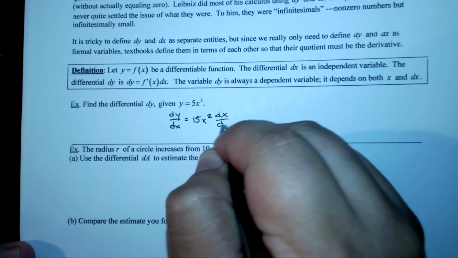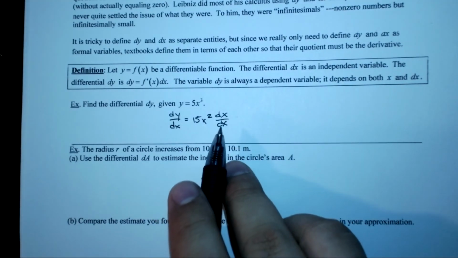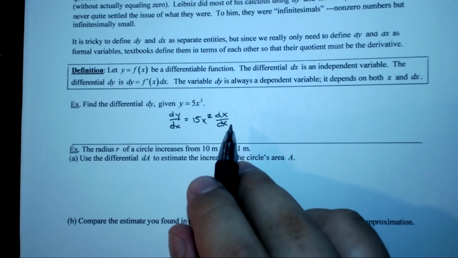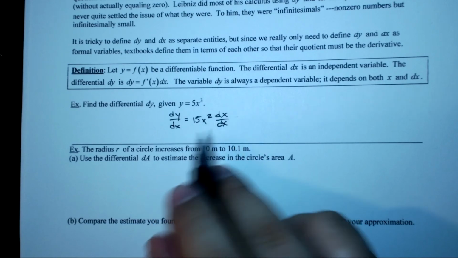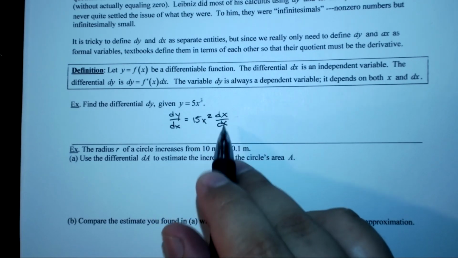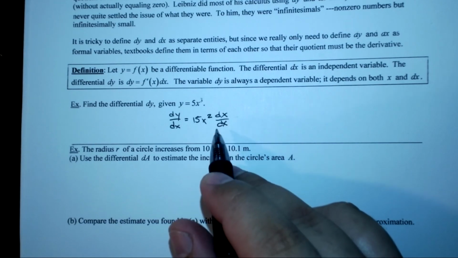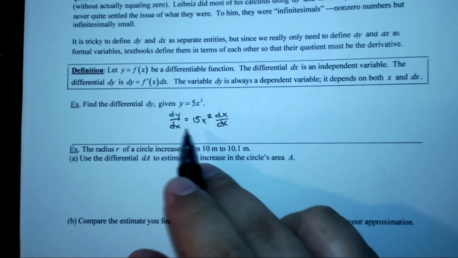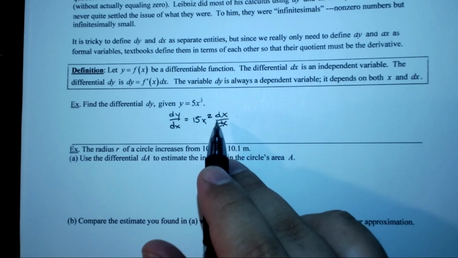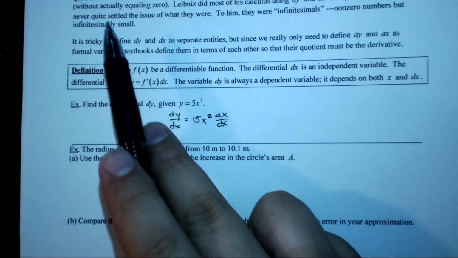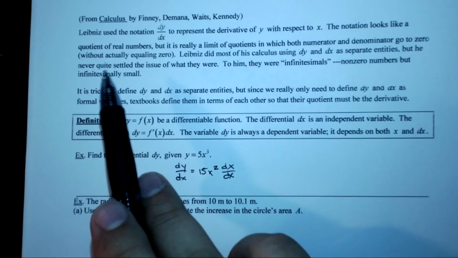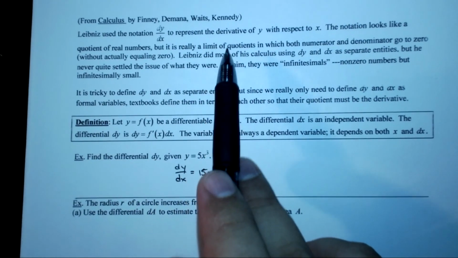dx over dx, right? If you think back to when you did implicit differentiation, technically there is a dx term because you're taking the derivative of an x term with respect to x, right? So that's where you get the dx over dx. And we said that these cancel out. But let's just look at this carefully now. If we treat this dy dx and this dx dx as a quotient, much like it says up here early on, where it says the notation looks like a quotient of real numbers, but it's a limit of quotients.